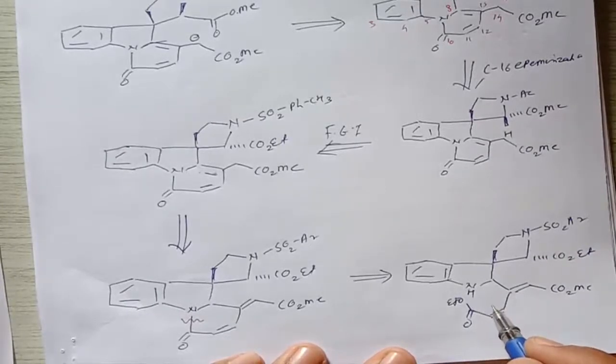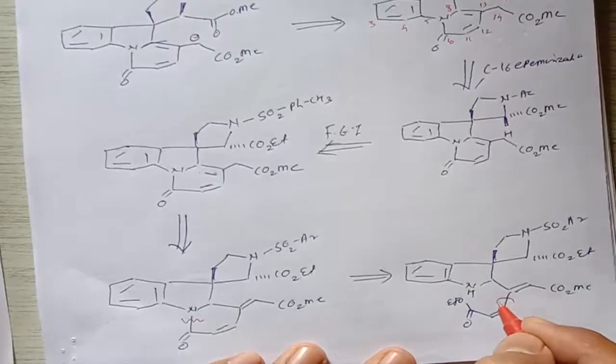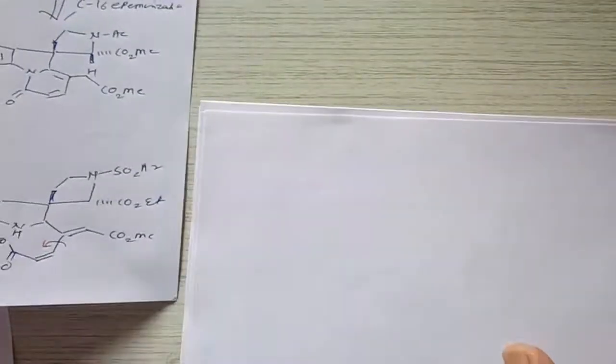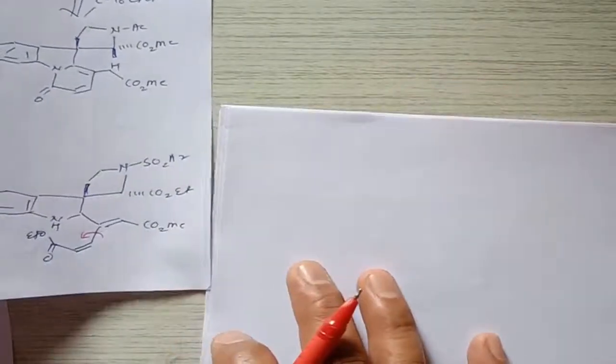Then in a further step we can simply rotate this molecule, or simply rotate this bond, and after rotating this bond, you can see both the molecules.